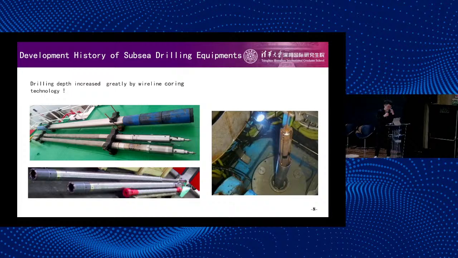The second generation subsea drills are characterized by significant improvements in drilling depths compared to other predecessors due to advancements in automatic connection technology for drill rods as well as wireline coring techniques. When the first drill pipe is drilled in and the core is retrieved, the robotic arms on the rig will take out the second drill pipe from the trunk and connect it to the first one.